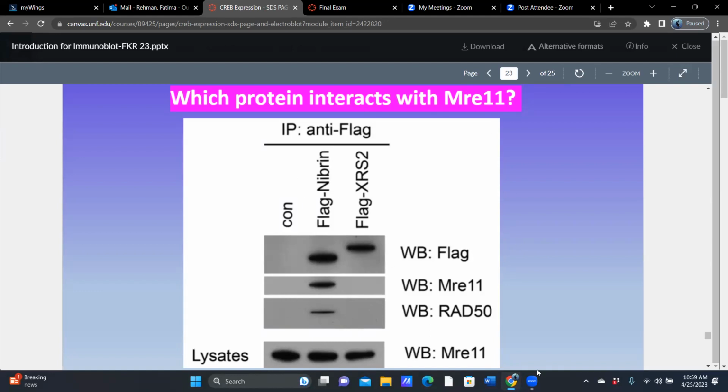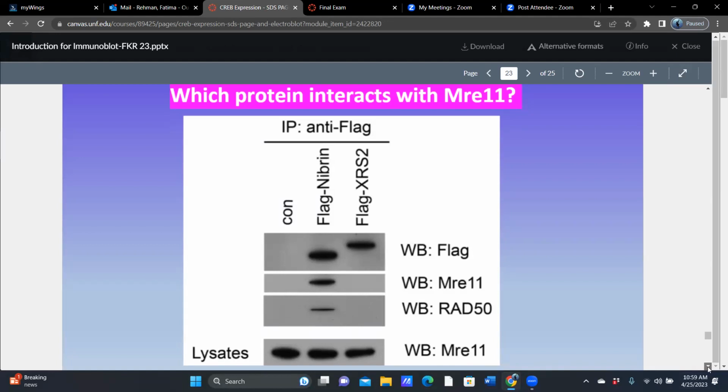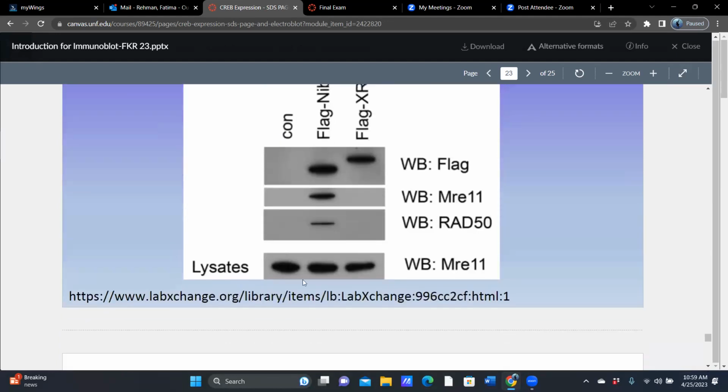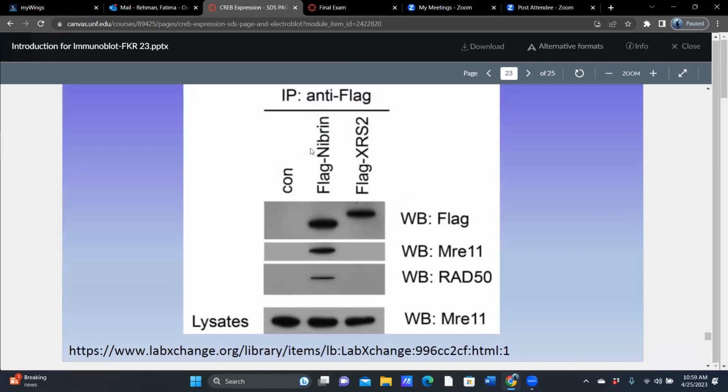And we have a flag tag. So MRE11 was present in all three systems. And then we look at two different proteins, nibrin and XRS2. Looking at this, MRE11 was pulled down by nibrin or XRS2? Which one interacted with MRE11?